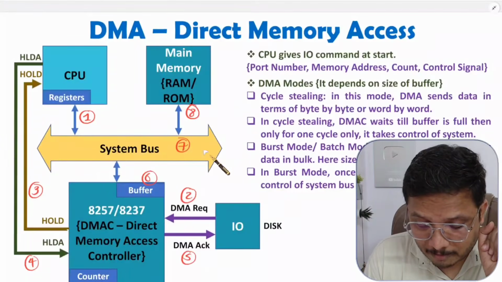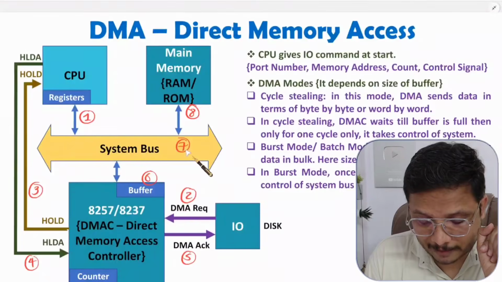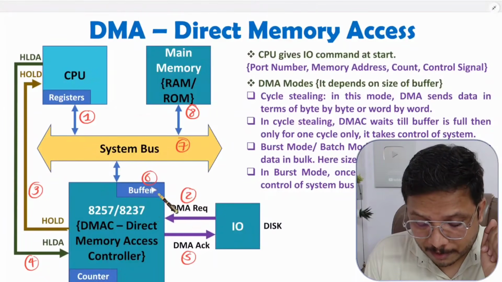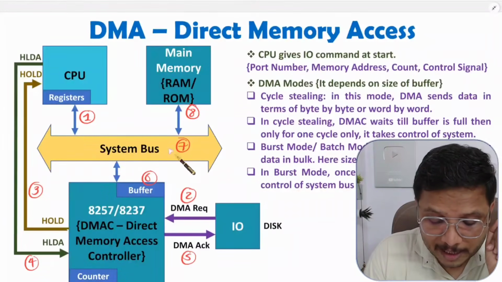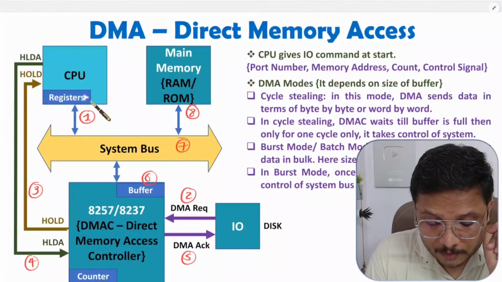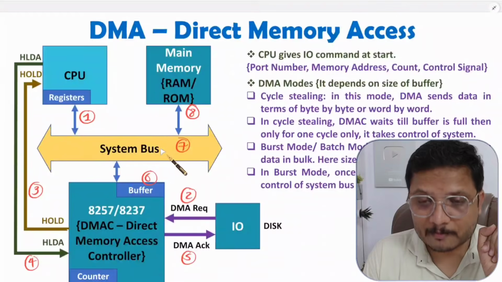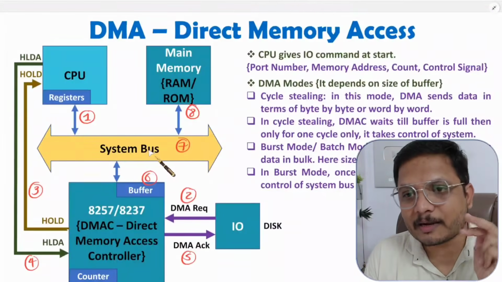As the system bus is free, the CPU can utilize this system bus, right? And during transfer time, the buffer is sending data to main memory. So at that time, the system bus is not free for the CPU. At that time, you can say the CPU is blocked with respect to usage of the system bus, right? That's why we are discussing this.